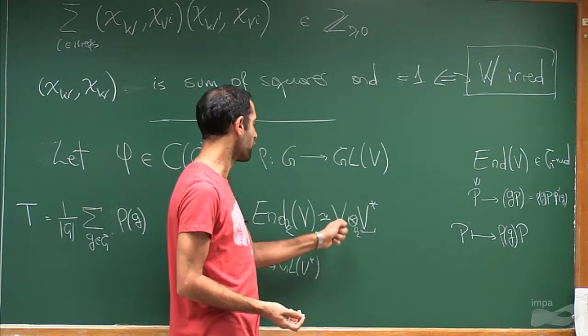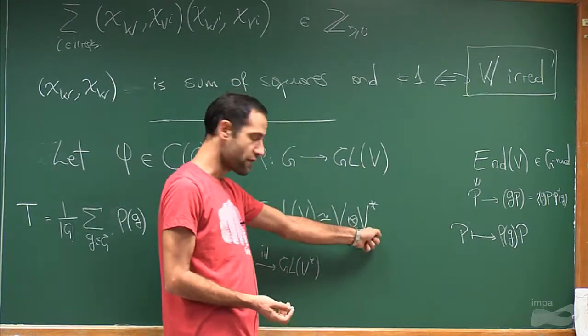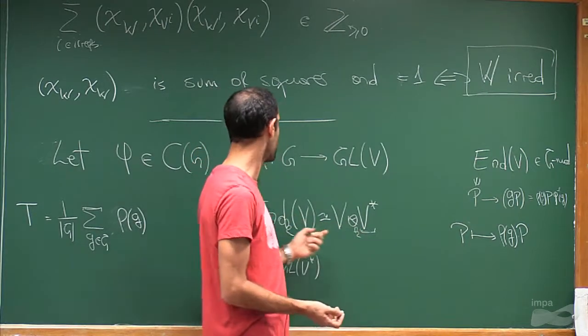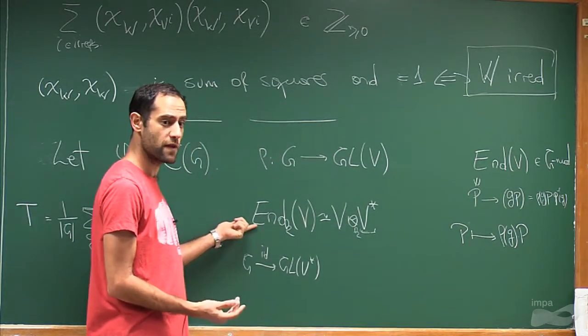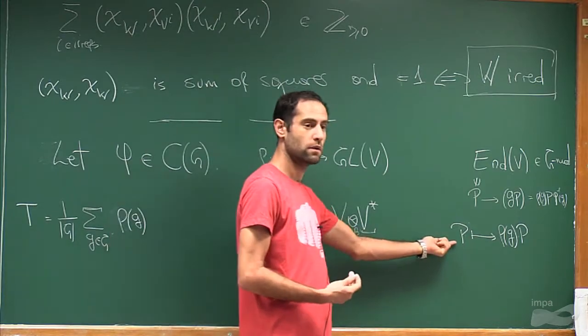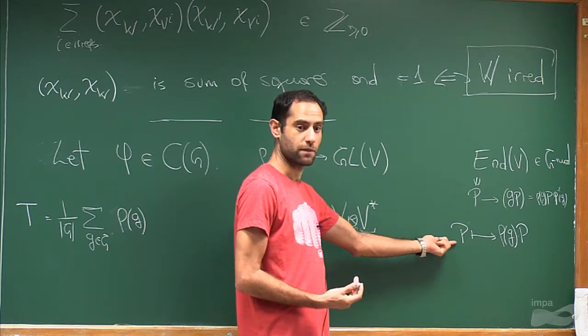So the tensor product of this representation rho with the trivial representation of V star, that's the representation of endomorphisms of V, where you only act on the left.